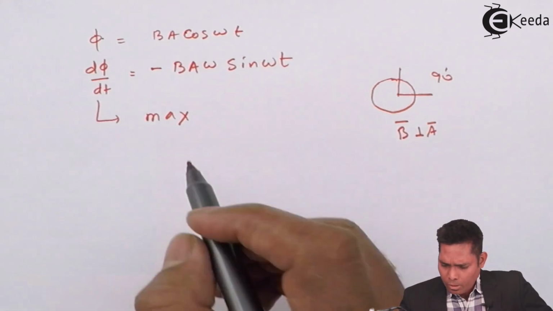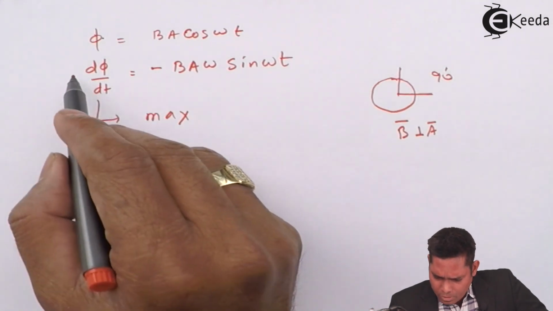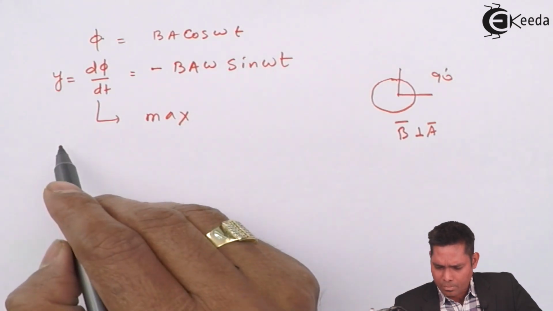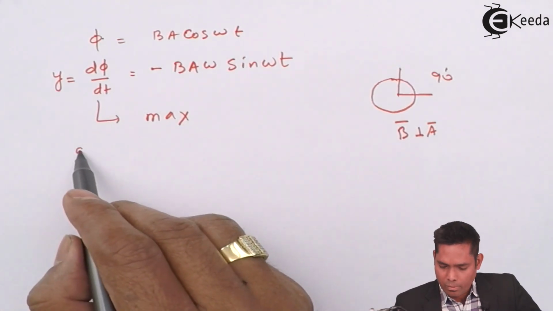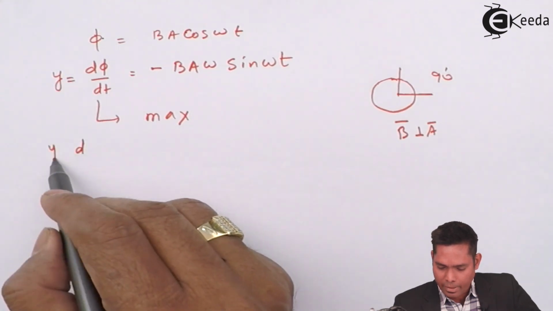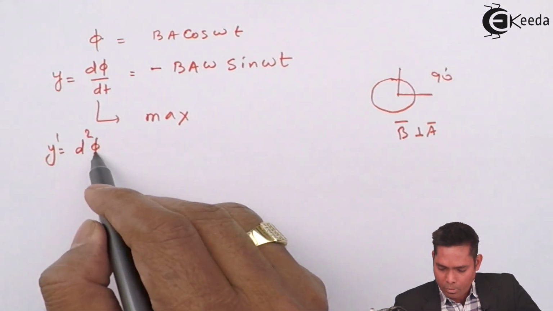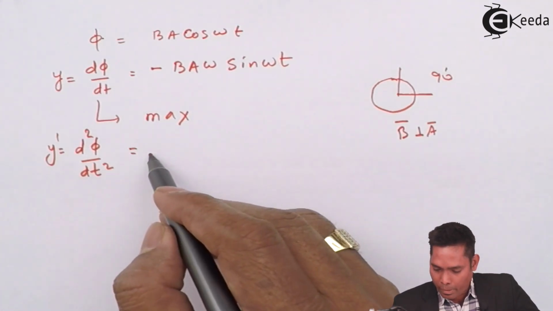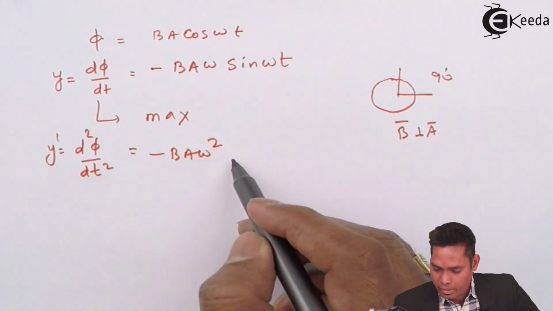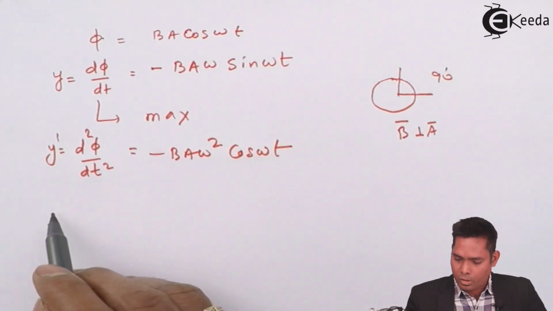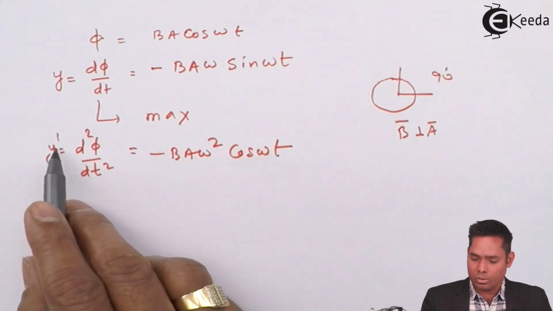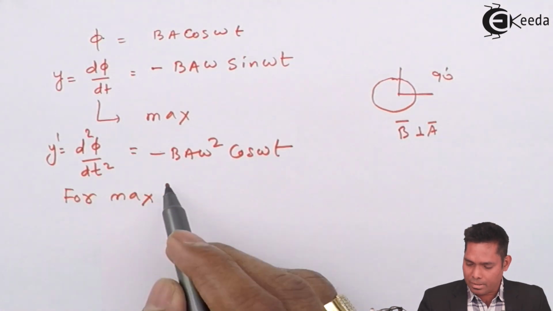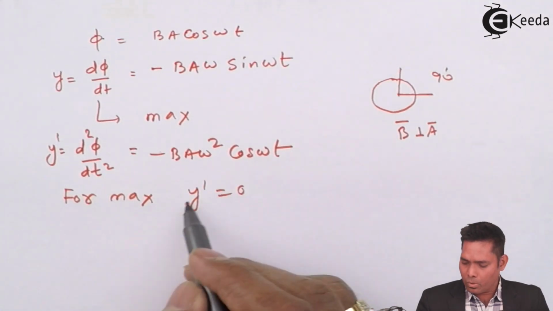So let us check that. Suppose I call this y. This function y is maximum when its first derivative is 0. So y dash, which is d square phi over dt square, equals minus BA omega square cos omega t. For maxima or minima, this should be 0, so cos omega t should be 0.